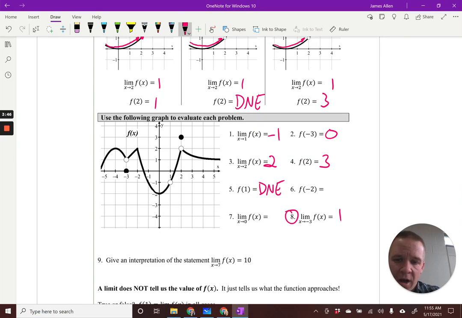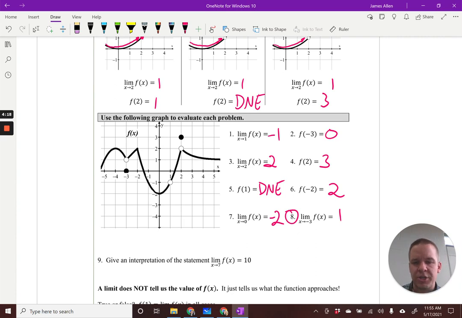What is f of negative 2? That's this point right here, positive 2. And then the last one, as x approaches 0. What is the limit as x approaches 0? Well, x approaching 0 is right here. It is negative 2. Cool. Not too bad so far.